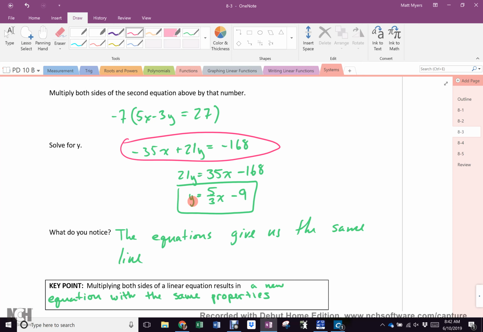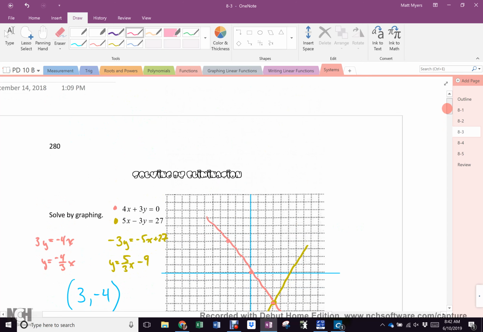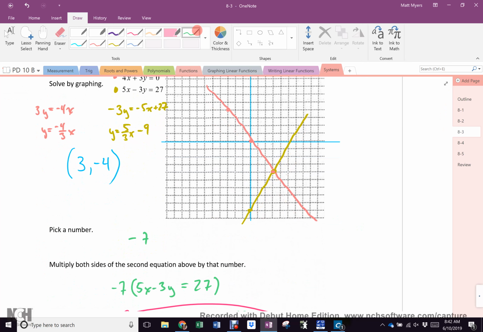Since the third grade when we first learned fractions, right? Because 1/2 times 5 is 5/10. It's the same fraction. Multiplying is always okay. Everybody understands? All right. So for me, I could put this green line on here, couldn't I? And I would still have the same answer. Everybody understands?